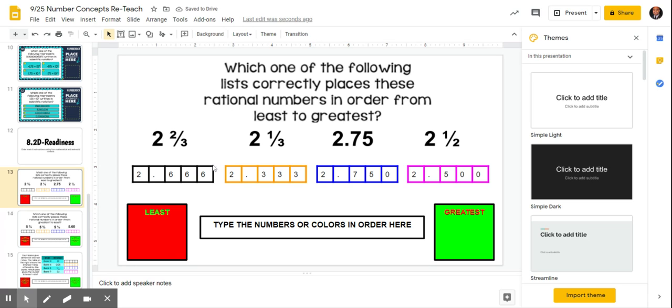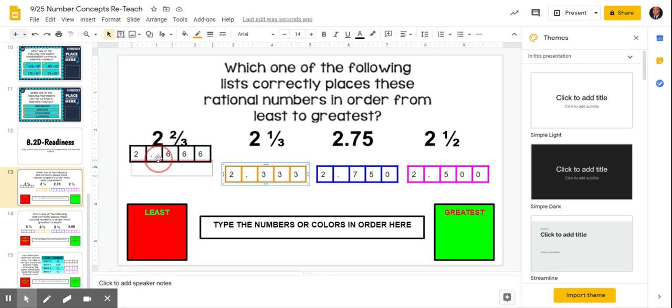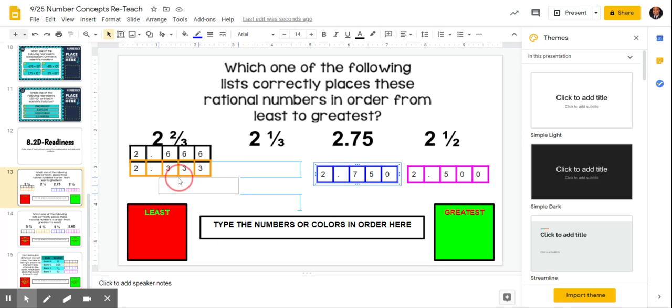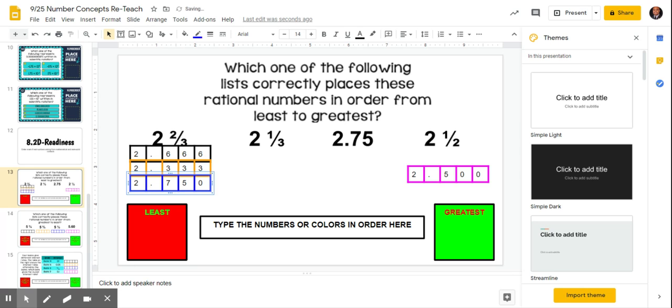I now need to order these from least to greatest. So to help me do such, I'm going to stack these numbers as we did in our previous assignments. So here I am. I have the black, orange, blue, and now I'm grabbing the pink one.